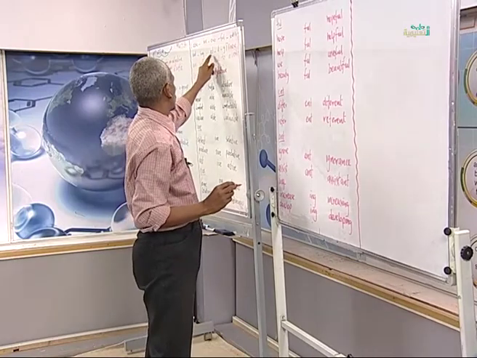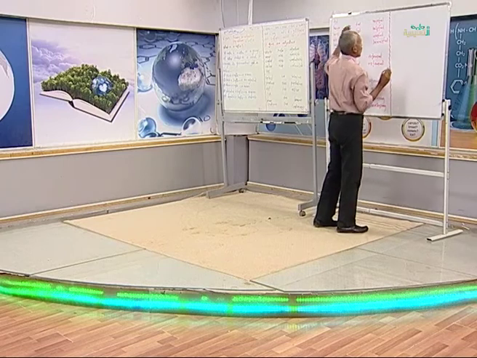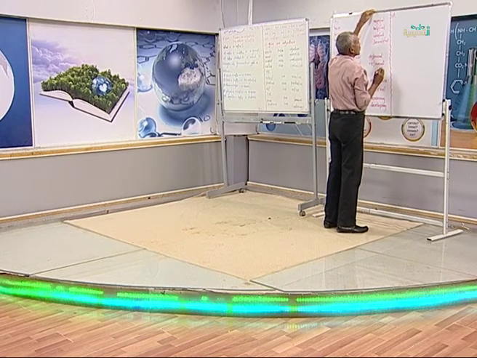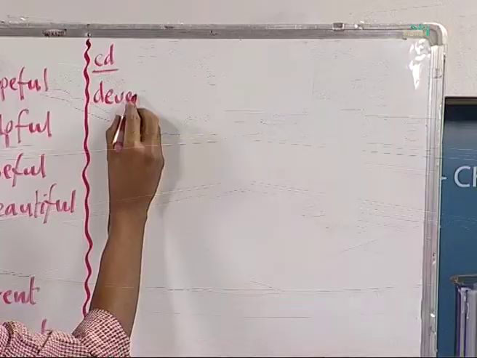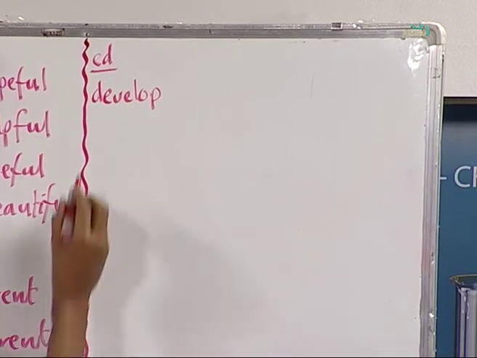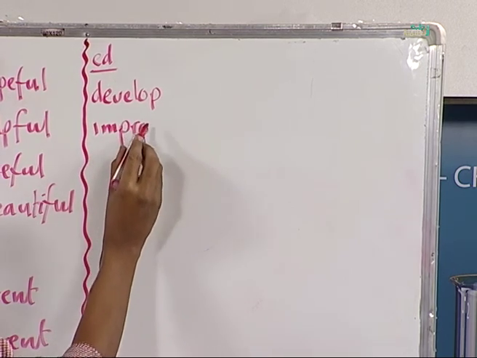Let us go to continue. We have D or ED. For example, D or ED. I have develop, improve.